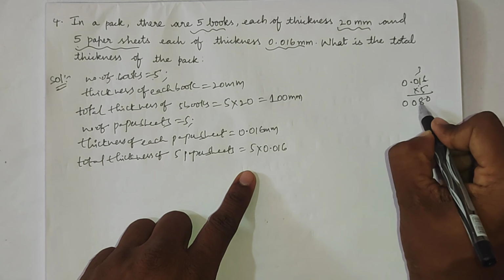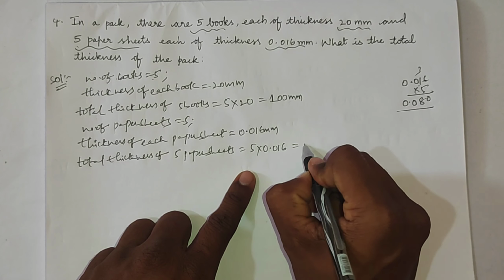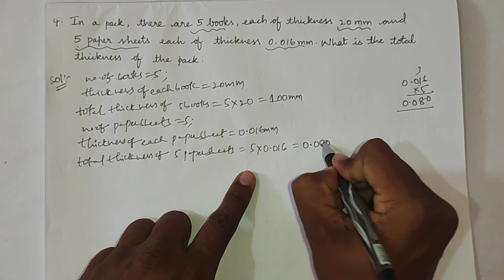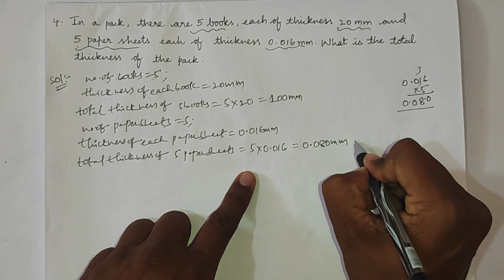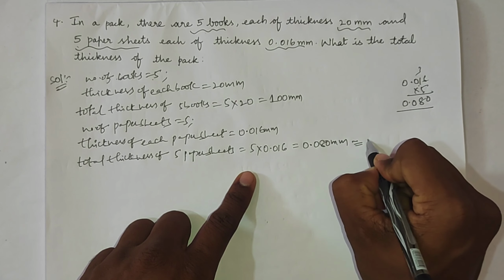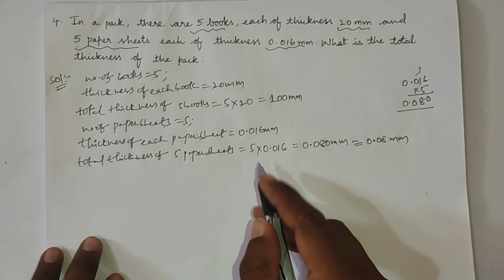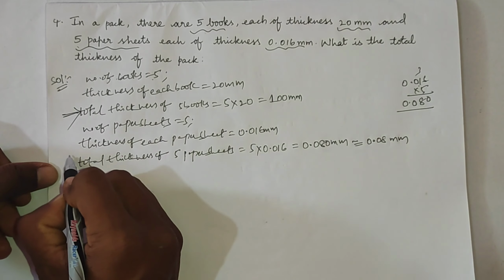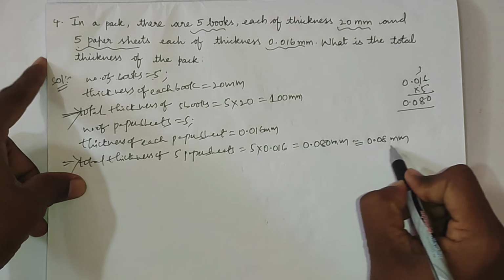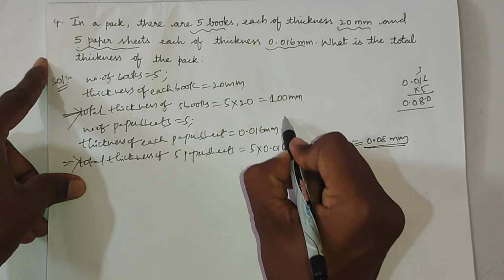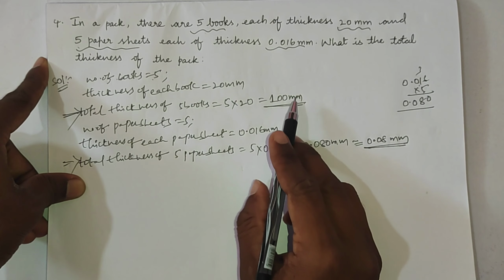So the decimal point goes after 3 digits, and the answer is 0.080 millimeters, which I consider as 0.08 millimeters. So now we have the thickness of the 5 books, 100 millimeters, and the thickness of 5 paper sheets, 0.08 millimeters.